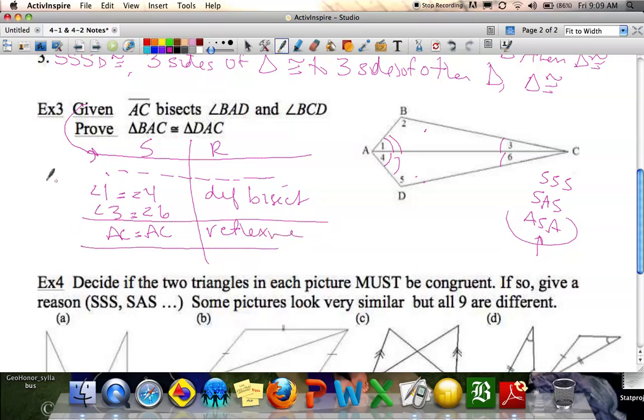So this is a 1, 2, 3, 4-step problem. Triangle BAC is congruent to DAC by reason of angle side angle congruence.